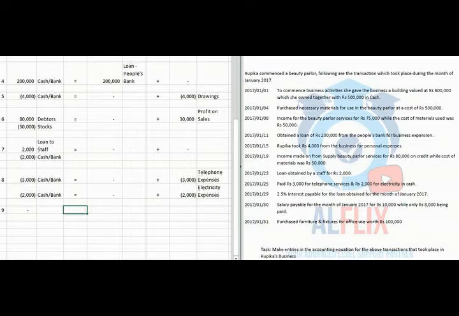This is arrived at by multiplying 200,000 by 2.5%. This will be in terms of interest payable, plus decrease of equity by rupees 5,000 in terms of interest expenses.